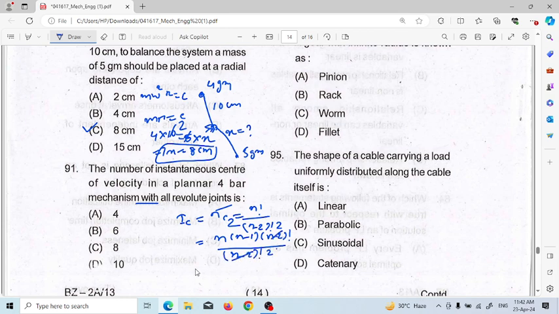This factorial cancels, n into (n minus 1) divided by 2, so that is the number of instantaneous centers formula. Here the 4-bar mechanism means number of links is 4, so 4 into (4 minus 1) divided by 2, 4 into 3 is 12 divided by 2, which is equal to 6.